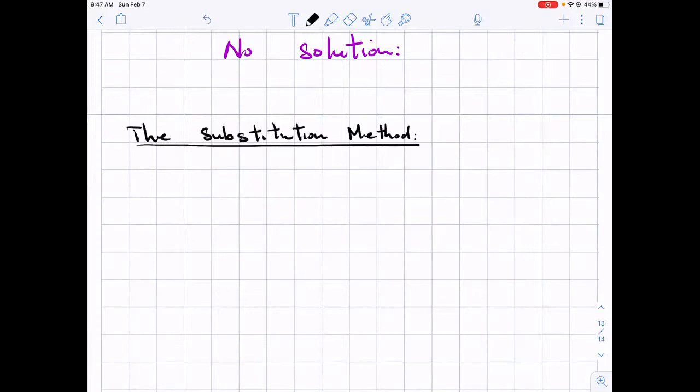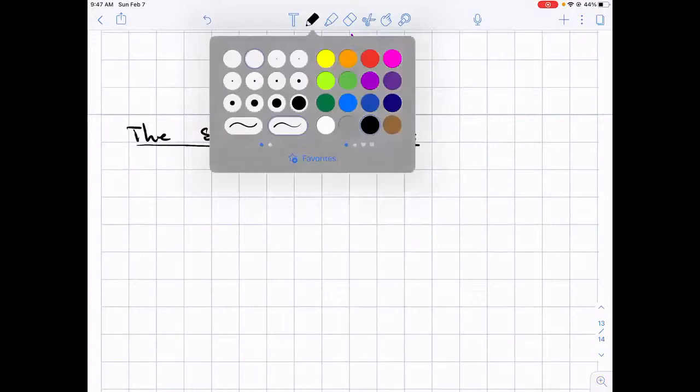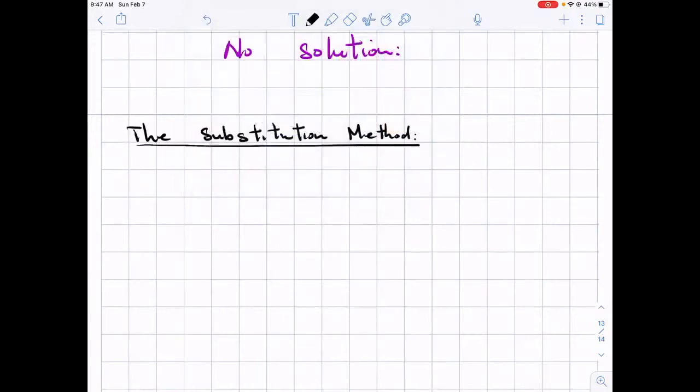In a higher level class, there's the matrix method and so forth. So if we have, solve, 2x minus 3y is equal to minus 6, and then we have y is equal to 3x minus 5.